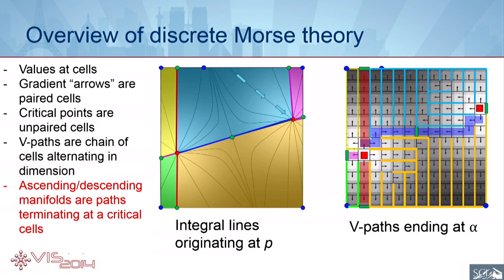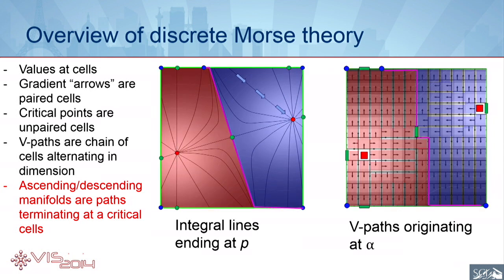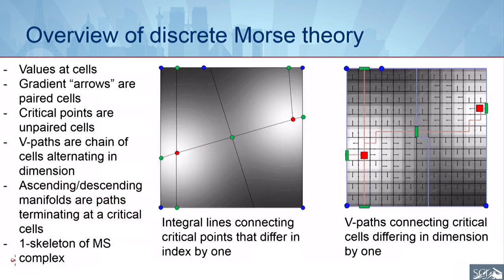Again, you can cluster things into ascending manifolds and descending manifolds based on the origin and destination of V-paths. The V-paths that connect the critical cells of your discrete gradient vector field give you the one-skeleton of your discrete Morse Smale complex.